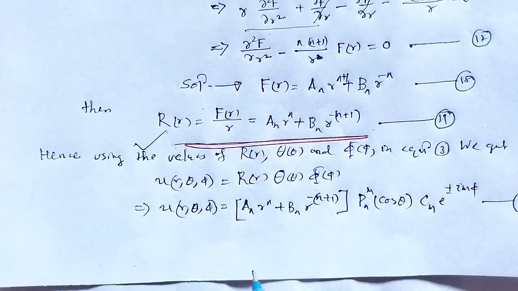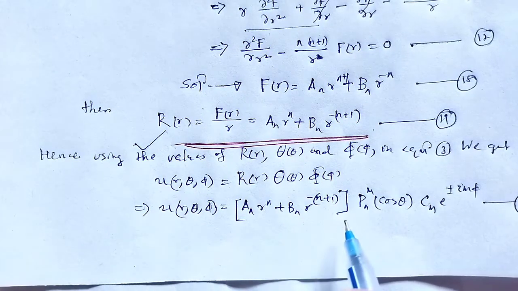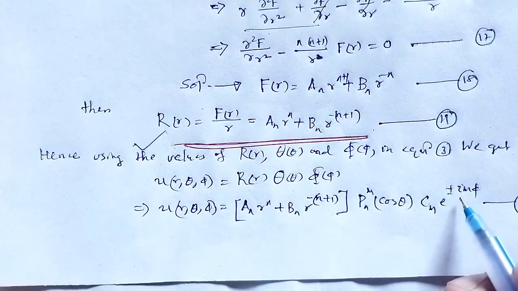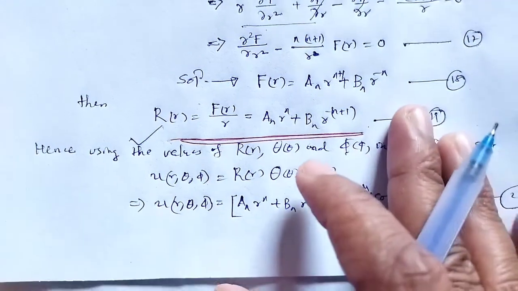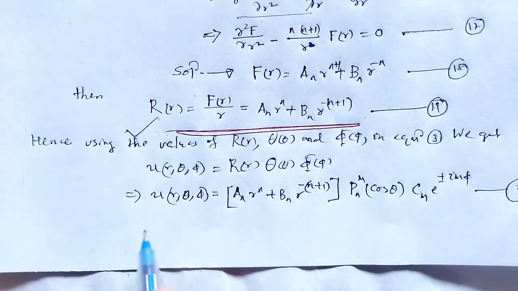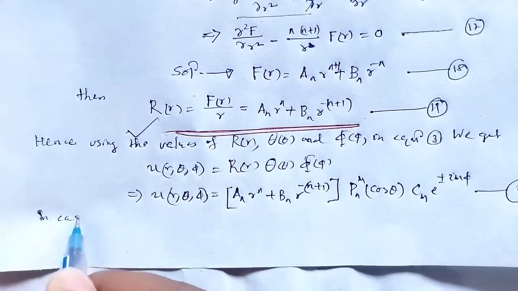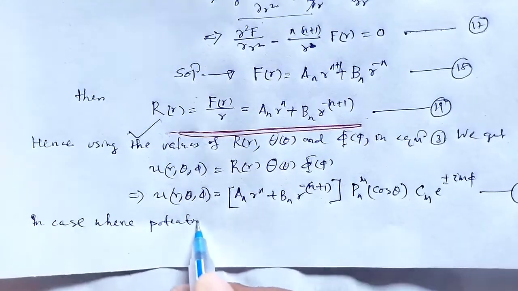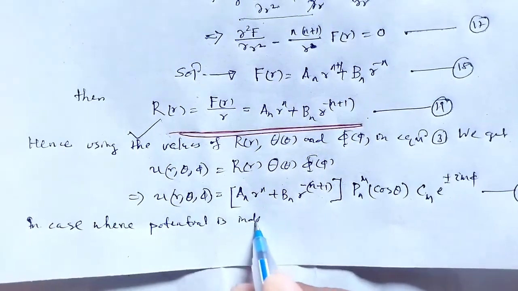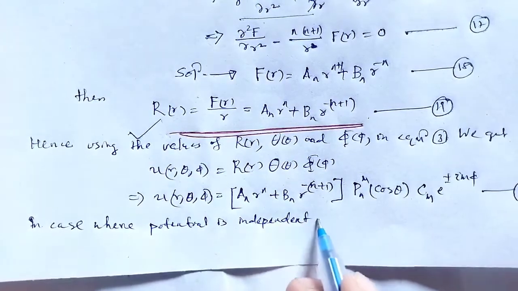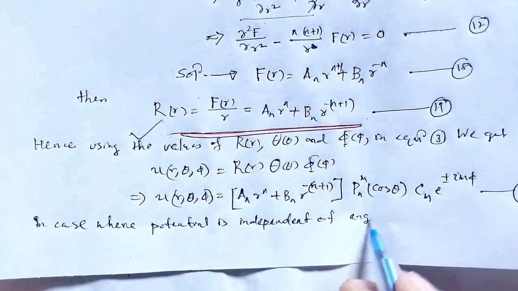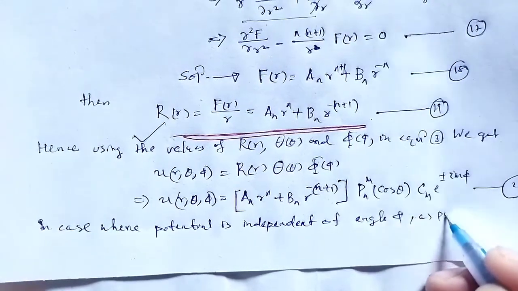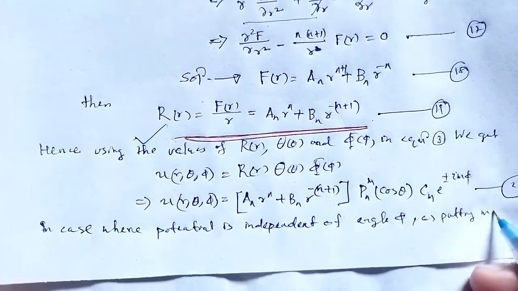This one is the solution. In the case where the potential is independent of the angle phi, by putting m is equal to 0, equation 20 changes to this.